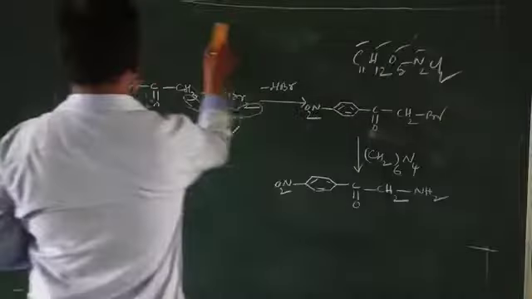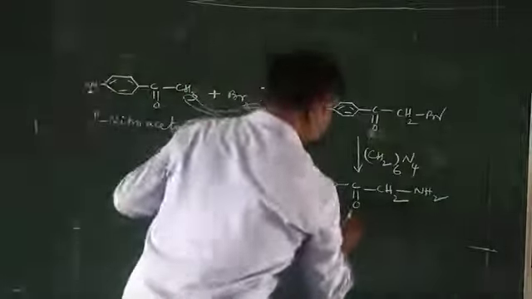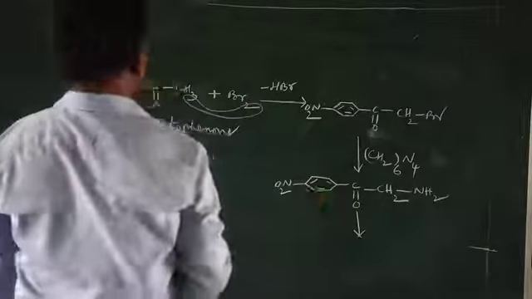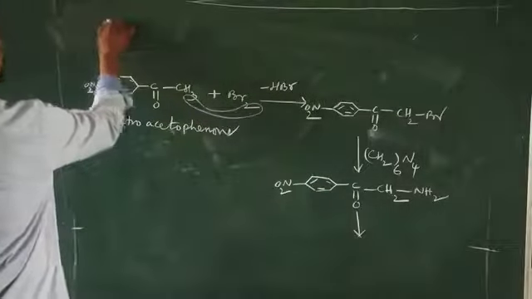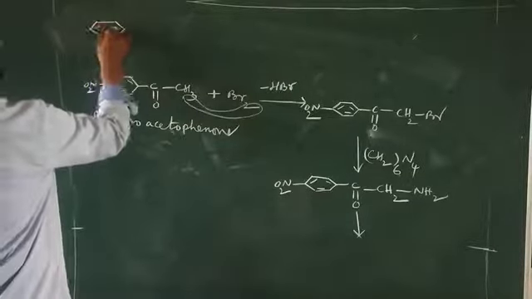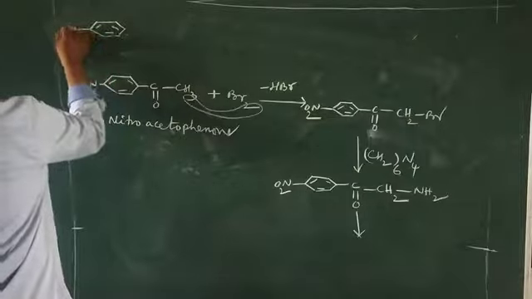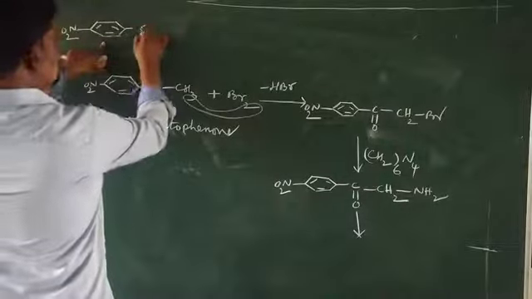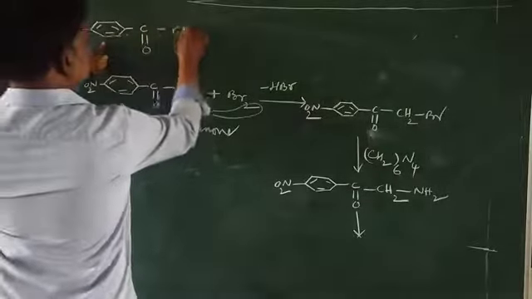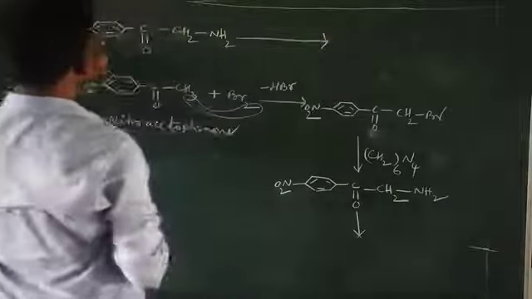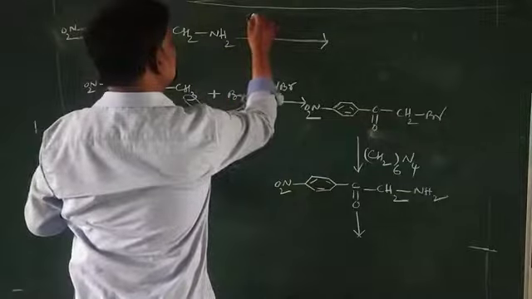So next step, alkyl amine. So here in this case treated with acetic anhydride. Now write down as usual NO2. As usual write down C double bond O, CH2 and NH2. Now here in this case treated with acetic anhydride.